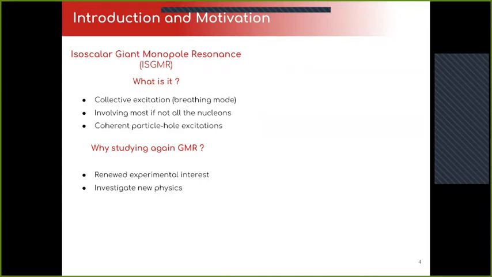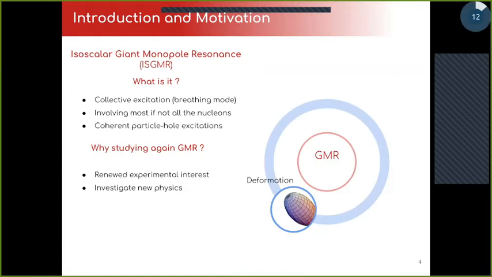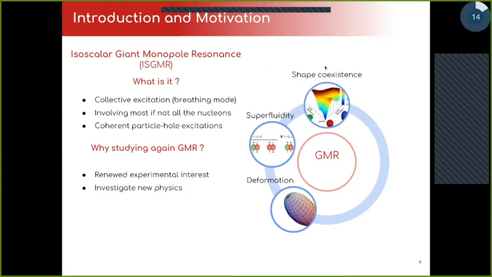So why study them? Again, both from a theoretical and experimental point of view, there is a renewed interest in this topic, which is also related to the fact that this allows us to investigate new kinds of physics and how certain peculiarities can affect the resonances in general, as could be, for example, the effects of deformations on the resonances, as well as the effect of superfluidity, which plays a very significant role in nuclear systems since they are highly correlated fermionic systems. Also possible effects of shape coexistence, and also some more exotic modes.